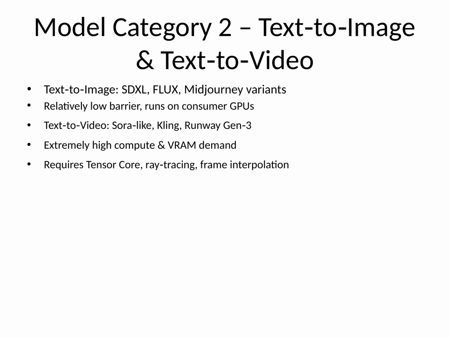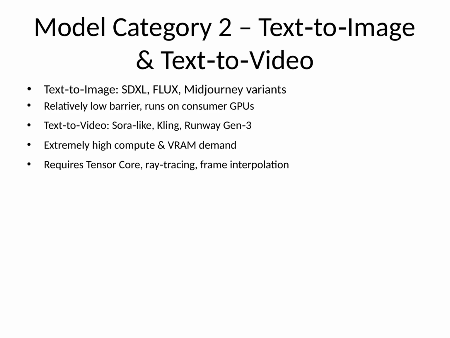Generating coherent motion across dozens or hundreds of frames multiplies the computational load dramatically. Video models must maintain temporal consistency, lighting stability, and object continuity, which requires far more compute and memory. They also benefit heavily from specialized GPU features like advanced tensor cores and ray tracing acceleration.